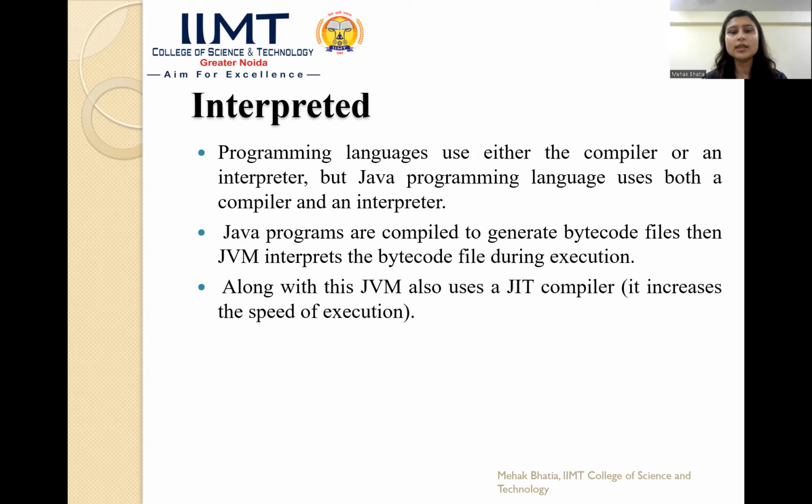Along with this, the JVM also uses a JIT compiler. It increases the speed of execution. So Java is both compiled and interpreted. First, with the help of compilation, Java programs are converted into bytecode files, and then with the help of the JVM, the bytecode is interpreted during execution.